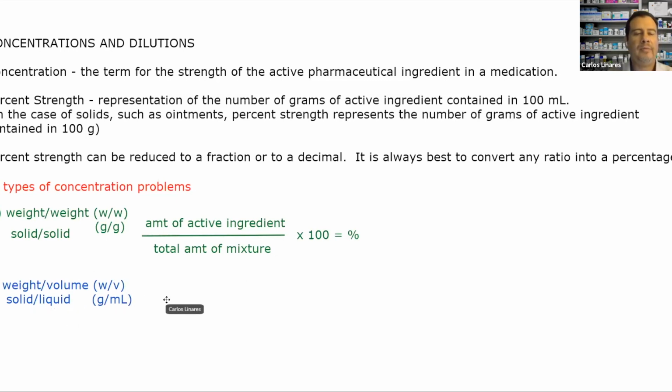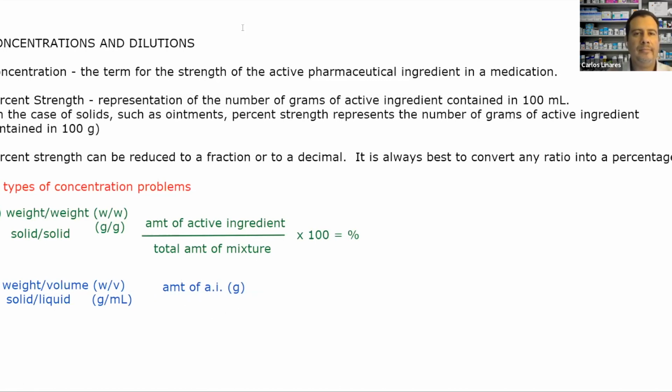So in this case, we have the amount of active ingredient. I'm going to just say AI for active ingredient. But this is grams. So this portion here is grams.